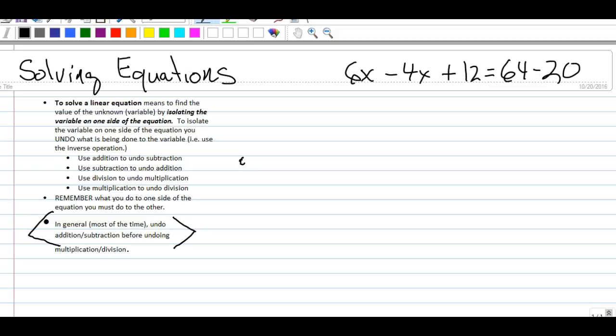What I mean by that is to combine like terms that are on the same side of the equation.